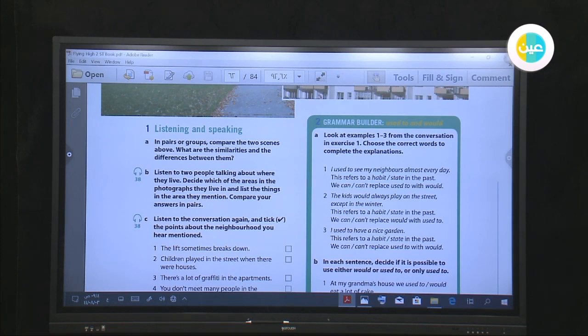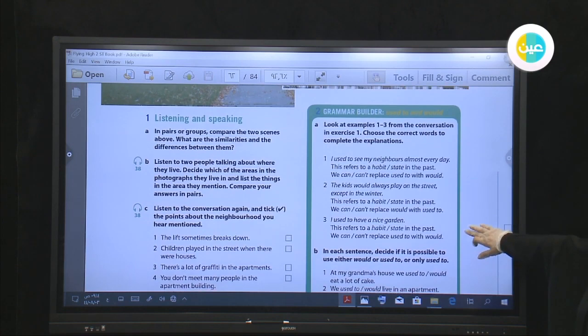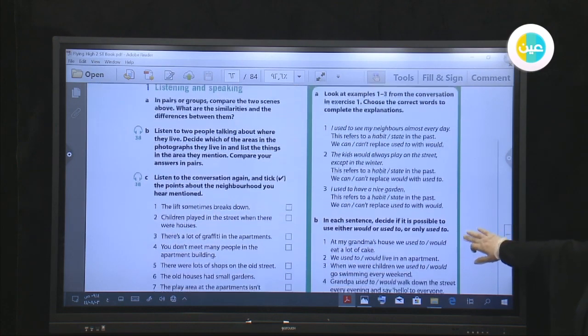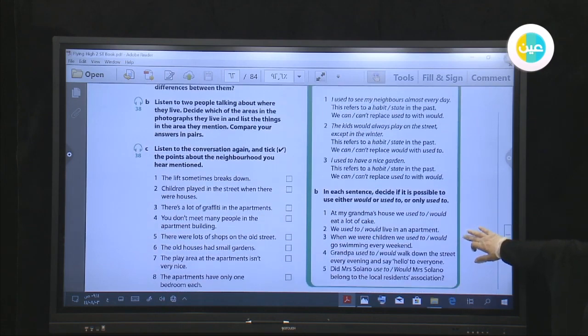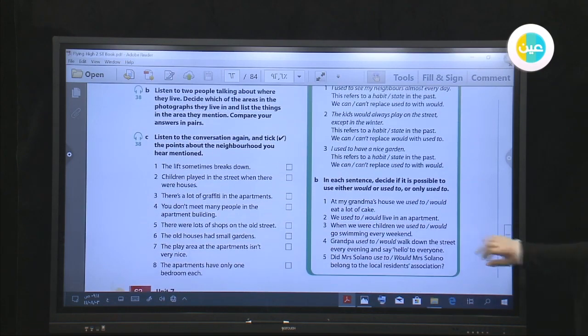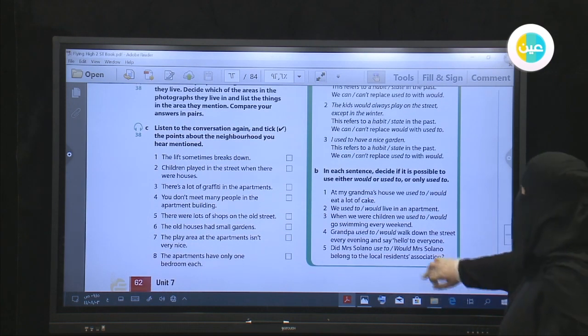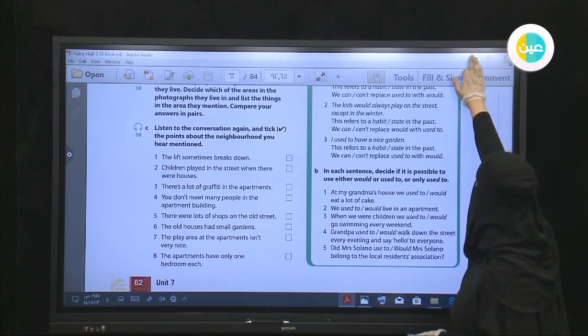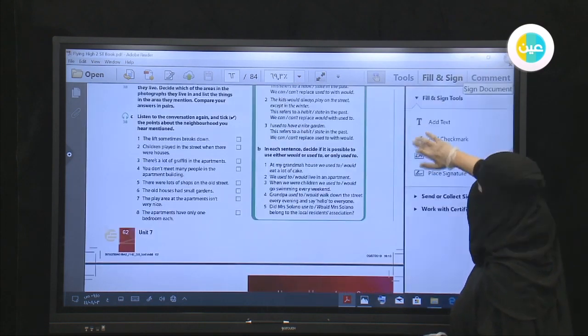Yes, they are living in an apartment, and they mentioned some things in the area. Okay, now listen to the conversation again and take the points about the neighborhood you hear mentioned. Okay, again you will listen. Try to take the correct answers.